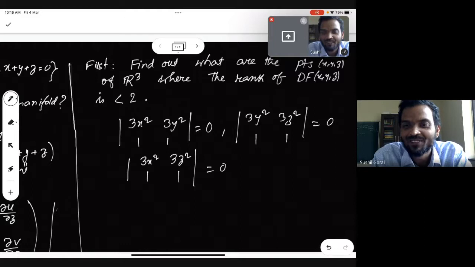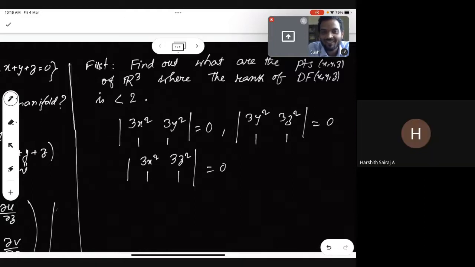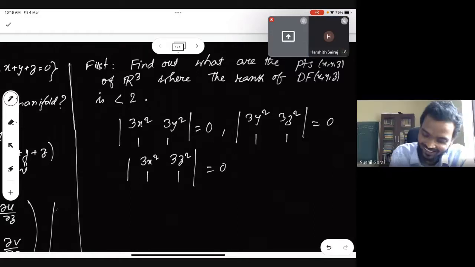All of them should be equal or differ by sign, plus or minus each other. That is true.